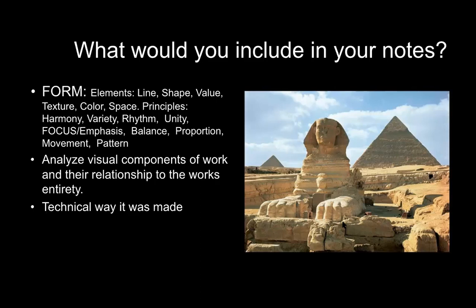So in your note taker, if we're on the Egypt section, let's see, I'm going to open it up here. This is number 17, right? It's going to be in this formal area here that you're going to be able to talk about the content and the form.